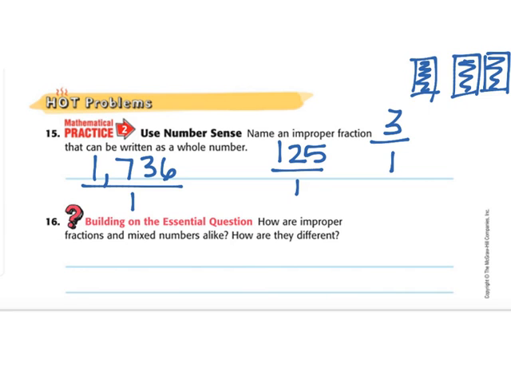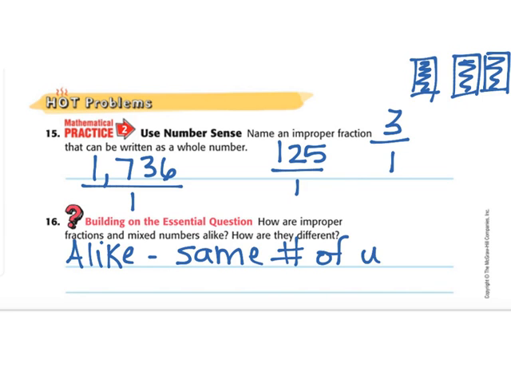And number 16, finally. How are improper fractions and mixed numbers alike, and how are they different? Well, they're alike because they have the same number of units in each model.